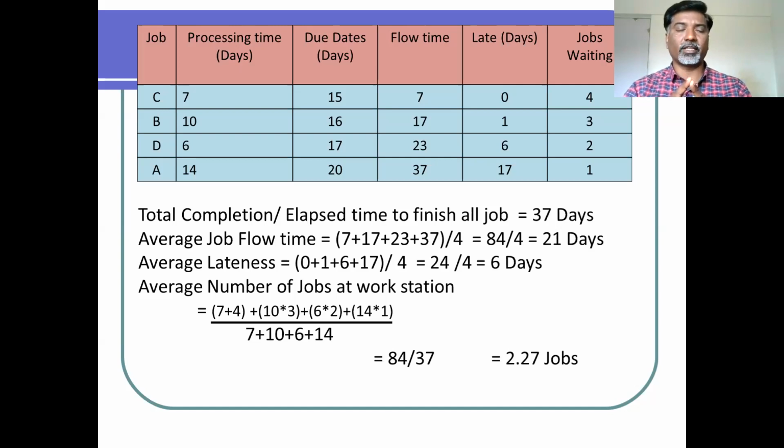If you solve this expression, the average number of jobs at workstation is 2.27. So you can solve any job sequencing problem using the earliest due date method.